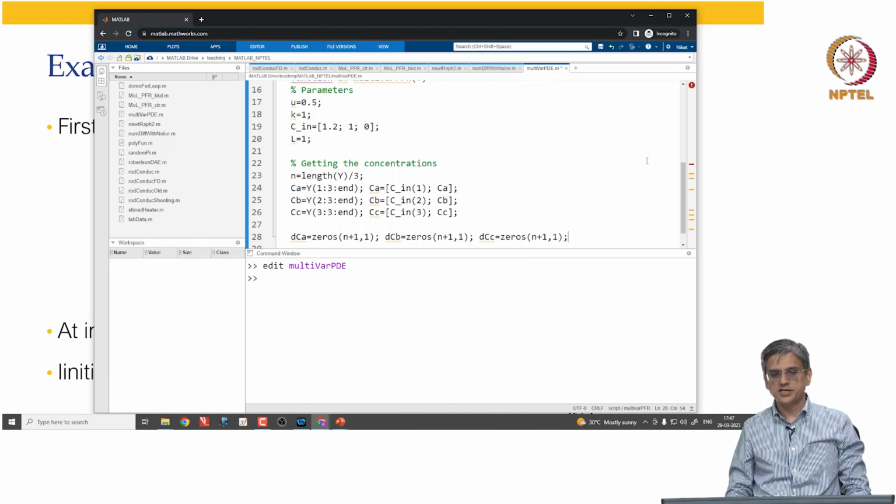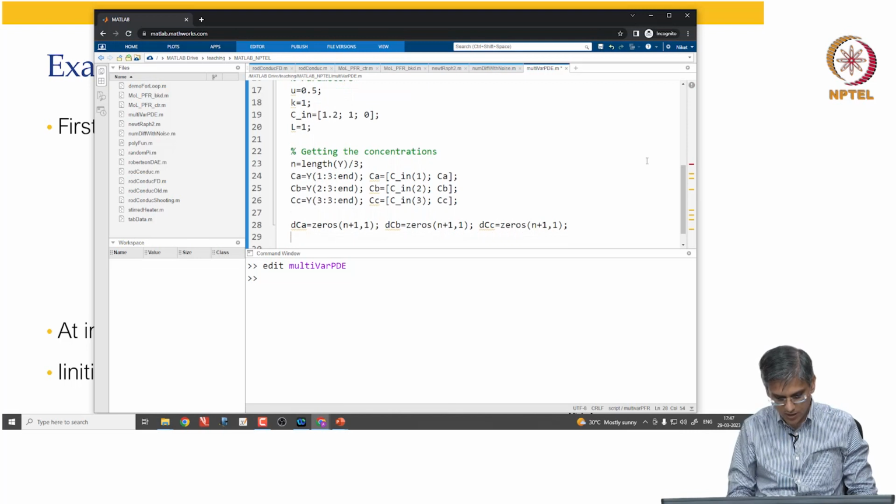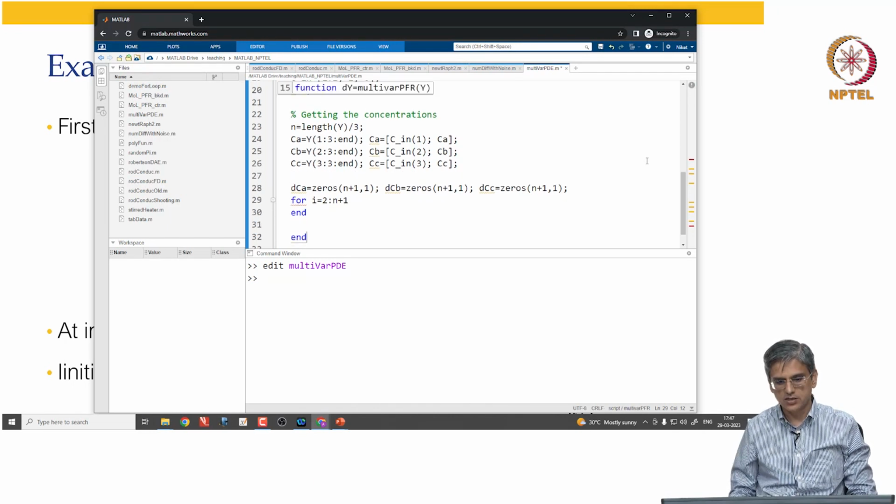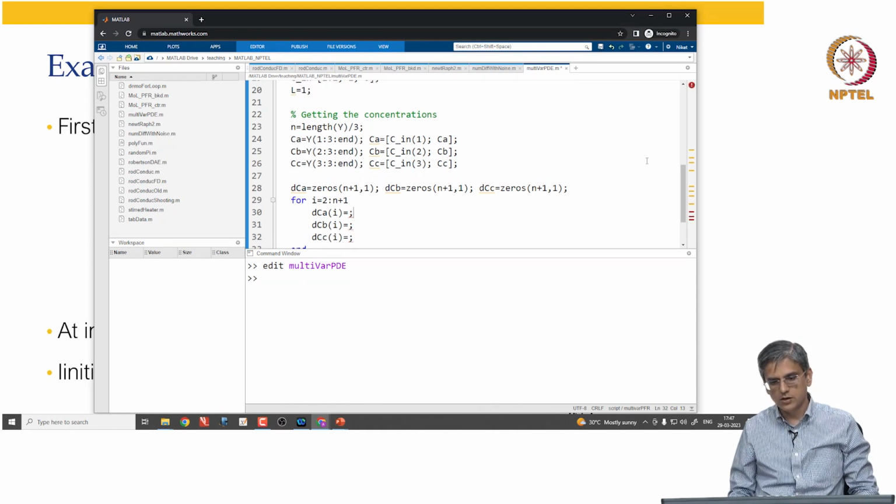So let us initialize DCA, DCB, DCC also. Now we have for I going from 2 to n plus 1. This is exactly what we had done in the previous week. So DCA I equal to, DCB I equal to, DCC I equal to.